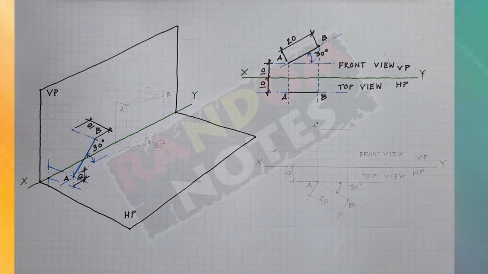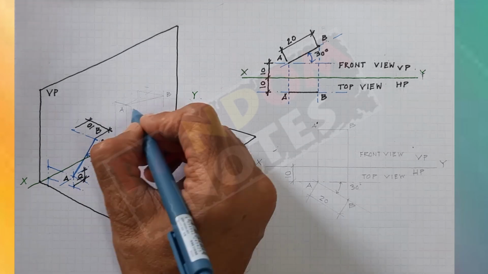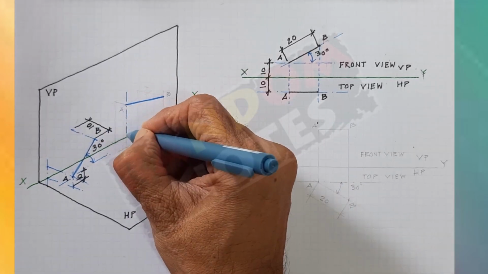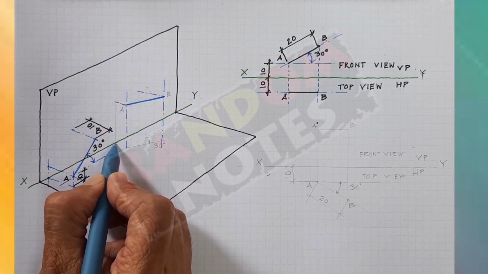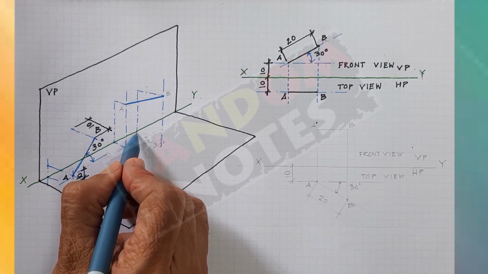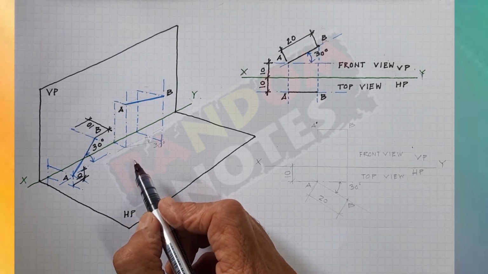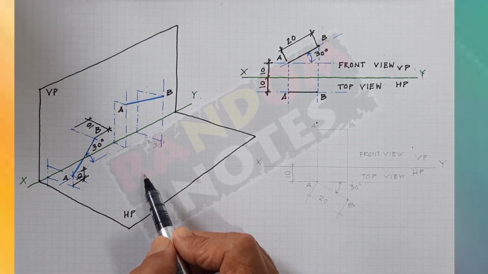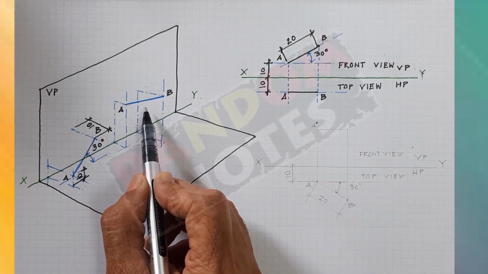Now we will take the second case. In this second case, we have a line which is parallel to the horizontal plane and at an angle of 30 degrees to the vertical plane.